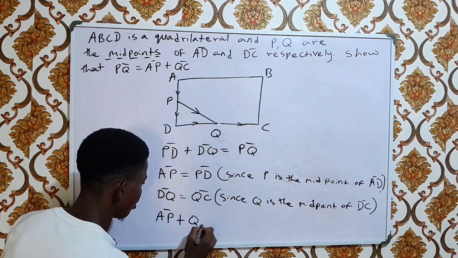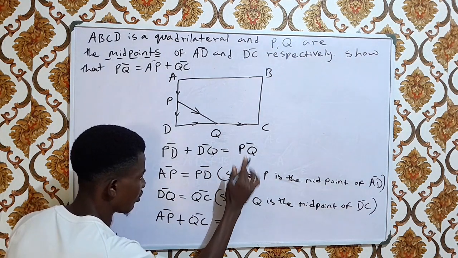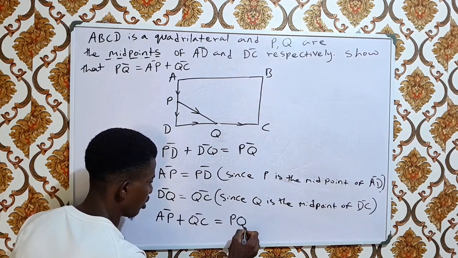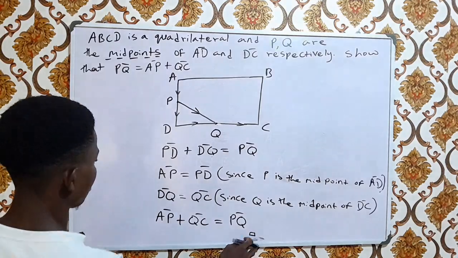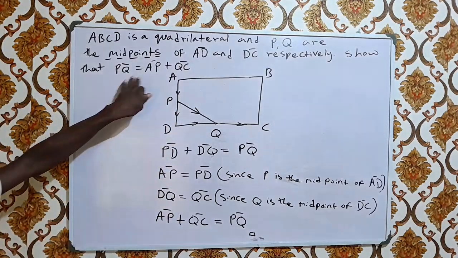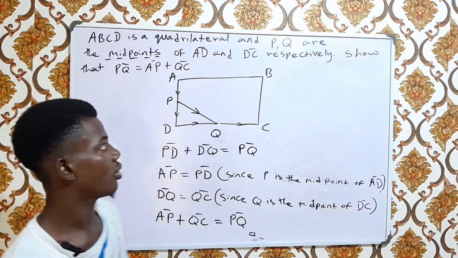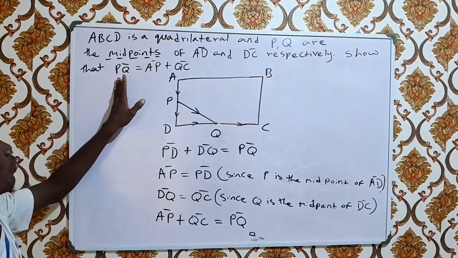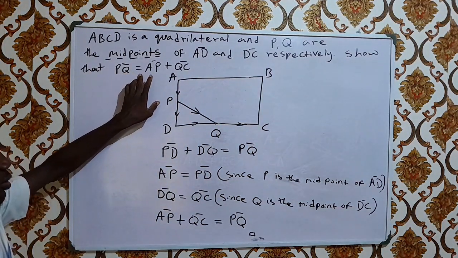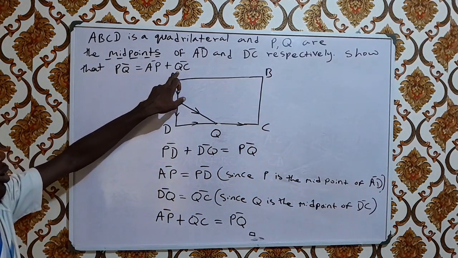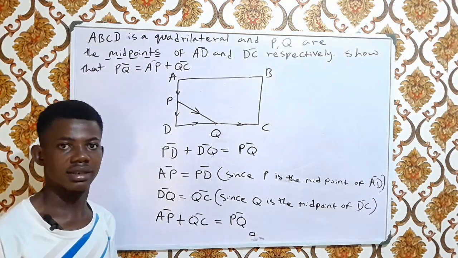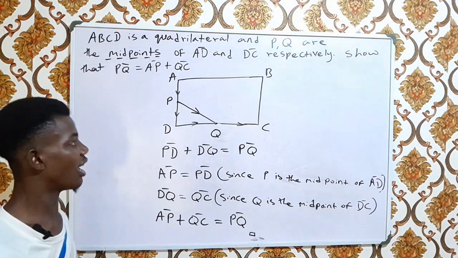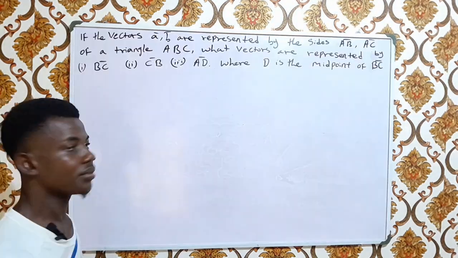We have plus QC, which will now give us PQ. Proved. We are done with our proof. We have shown that PQ is equal to AP plus QC. And that is the end for this.